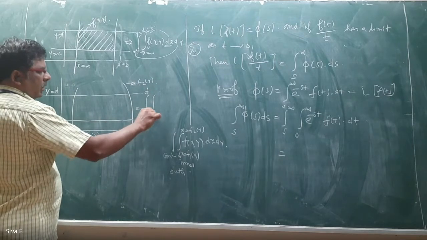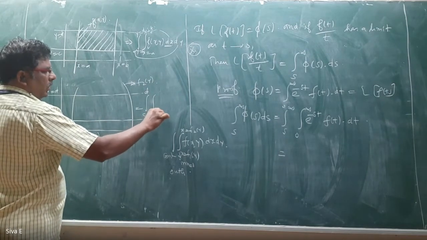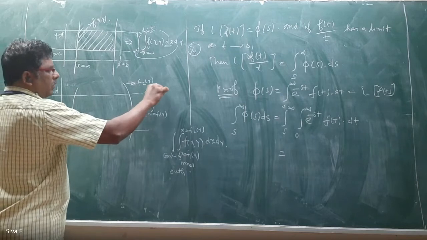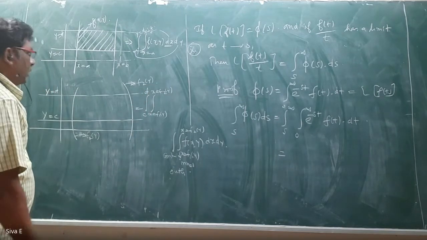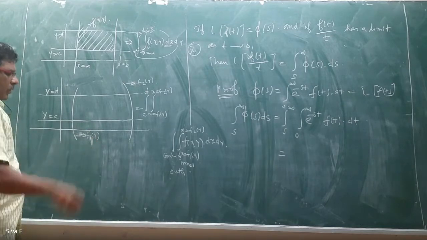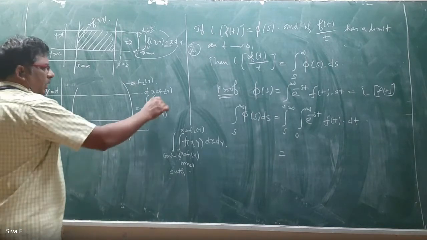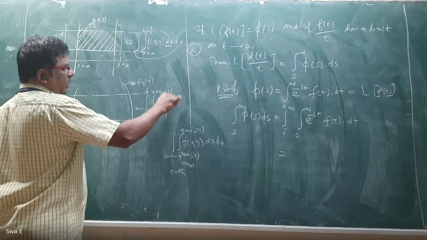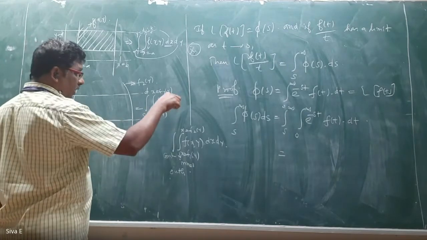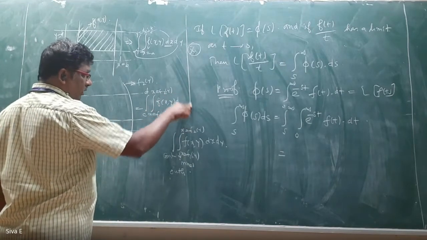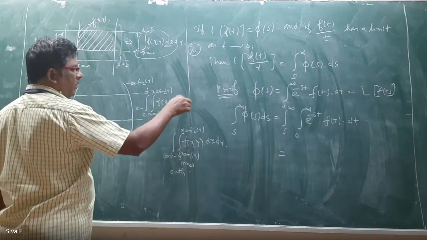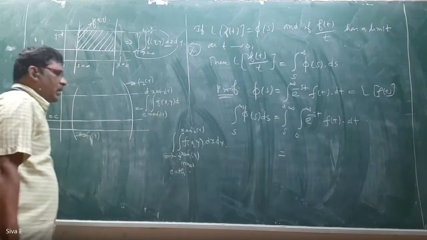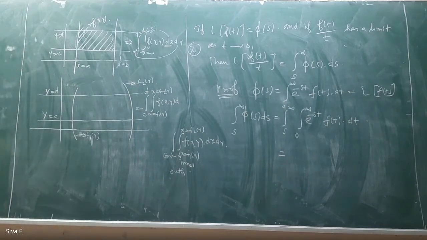But here x equals f1 of y to x equals f2 of y, of f of x comma y. Here what should be that limit? Here I have to write dx or dy. What should be first? What should be second?